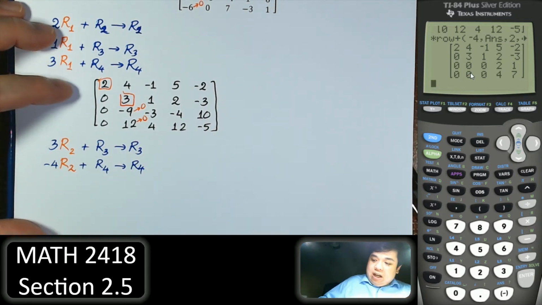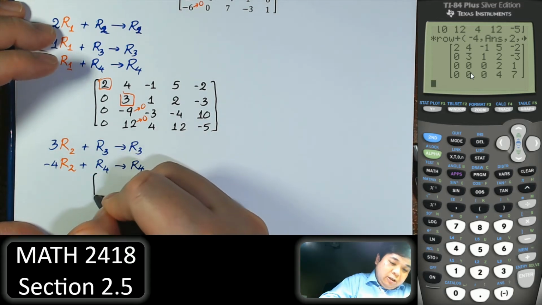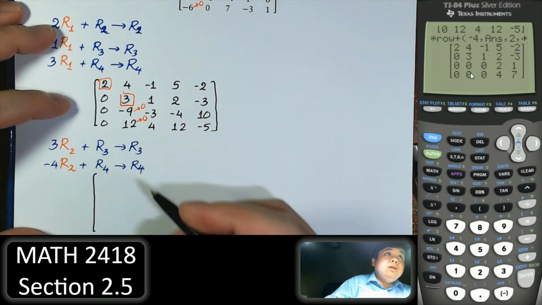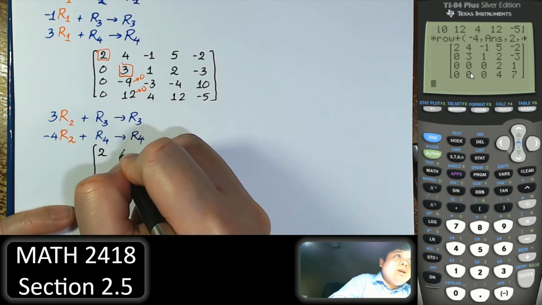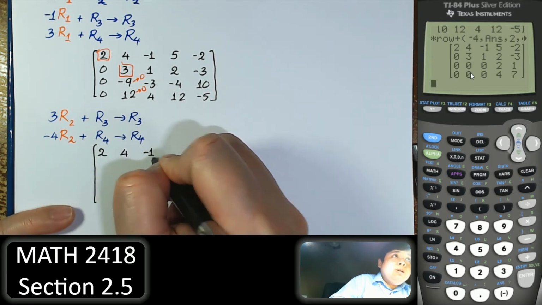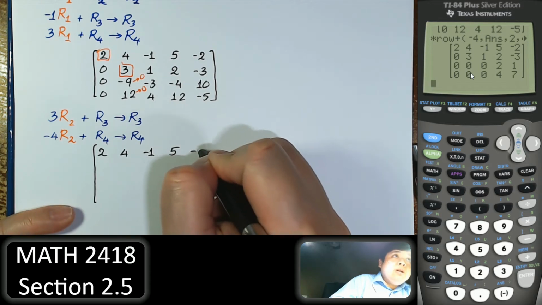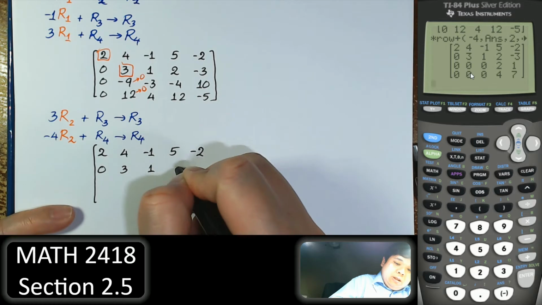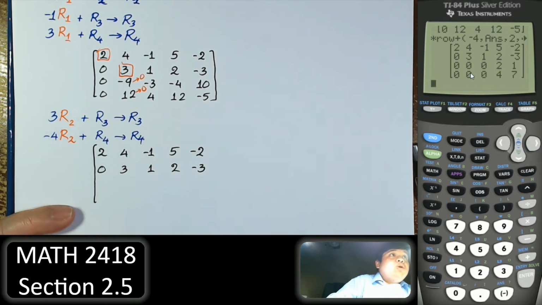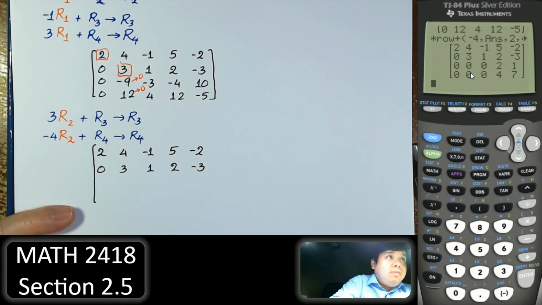So let's just copy that result. The first 2 rows should stay the same.